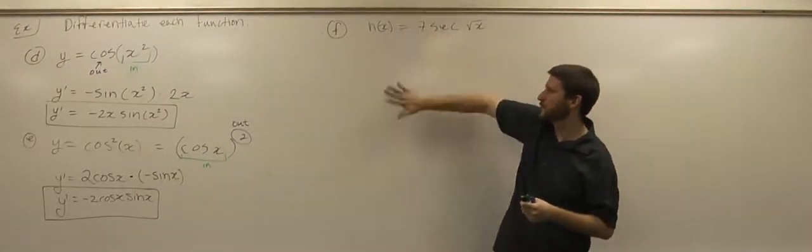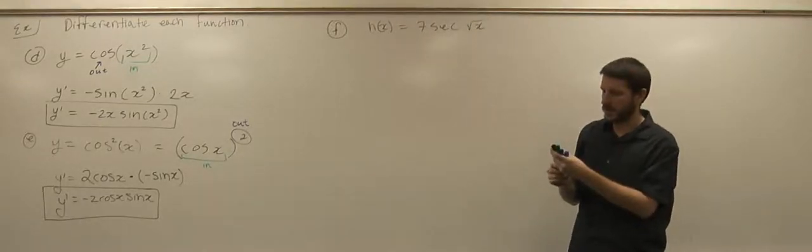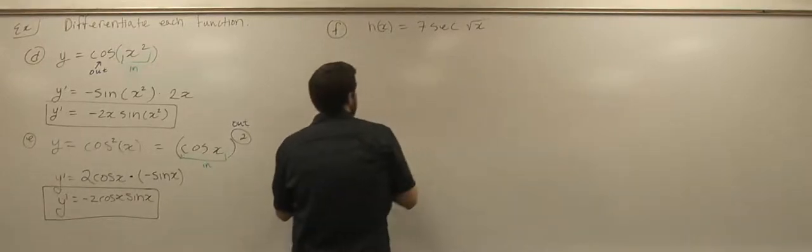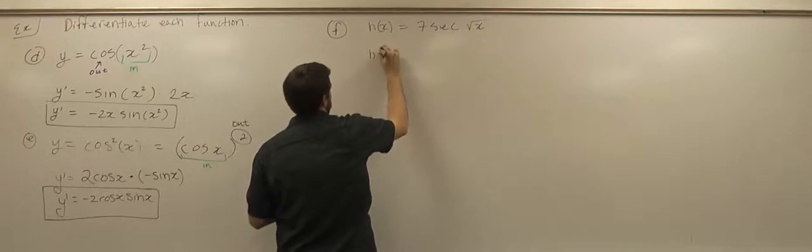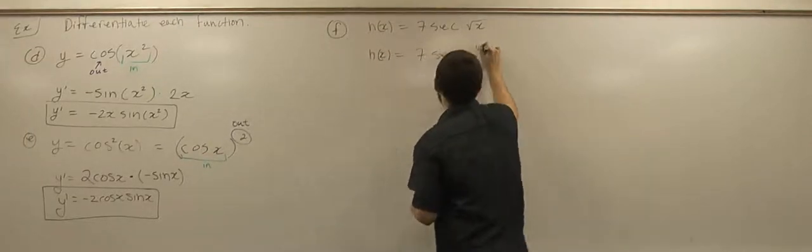You can ignore it as long as you bring it down. The secant root x is the real problem. We can rewrite root x as x to the 1/2 power, so 7 secant x to the 1/2.